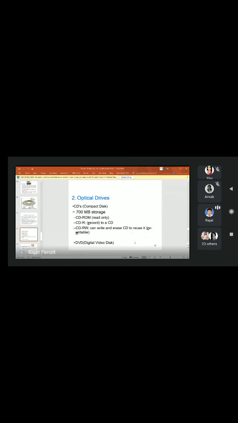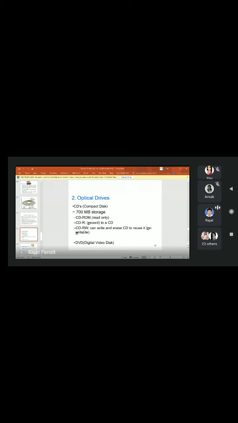Optical discs: CDs, compact discs, 700 MB storage. CD-ROM means read-only. CD-R is recorded to a CD. CD-RW is rewritable. After storing the information into a CD-R, you cannot remove it. It is basically one-time use.